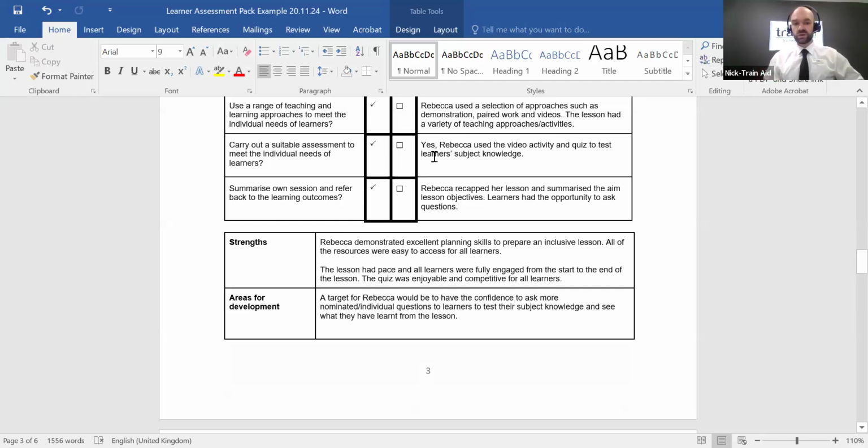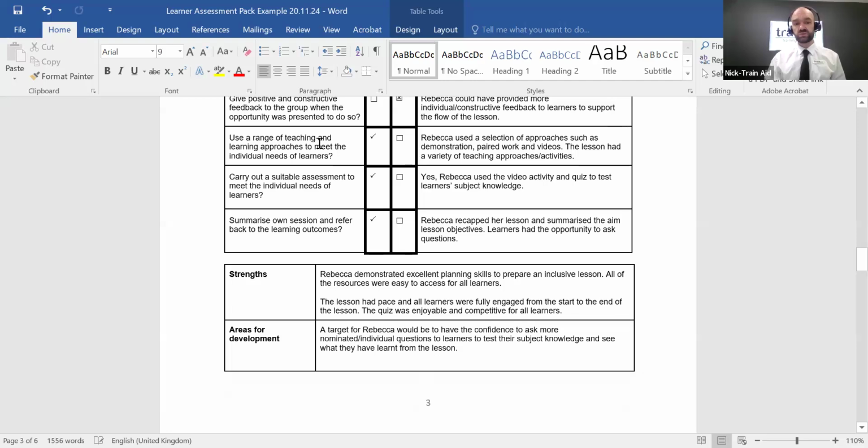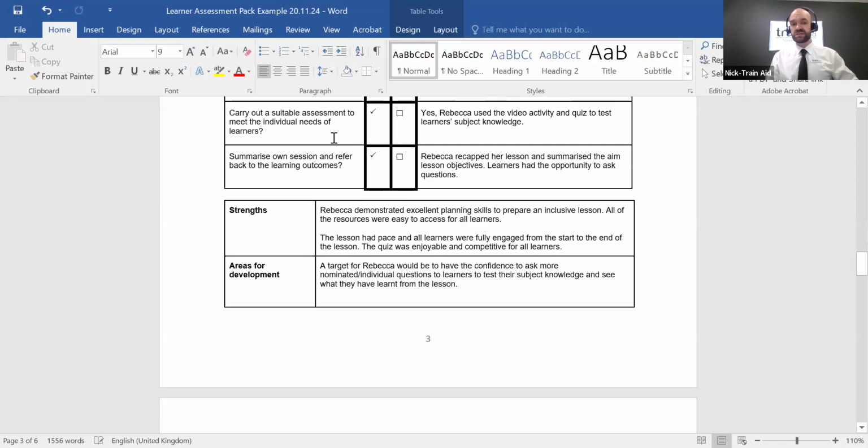Next question is, did the learner use a range of teaching and learning approaches to meet individual needs of learners? I put yes. Rebecca used a selection of approaches such as demonstration, paired work, and videos. The lesson had a variety of teaching approaches and activities. Final 2 criteria.